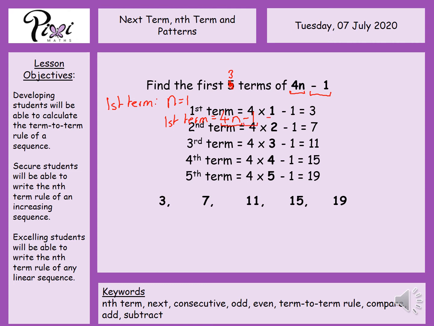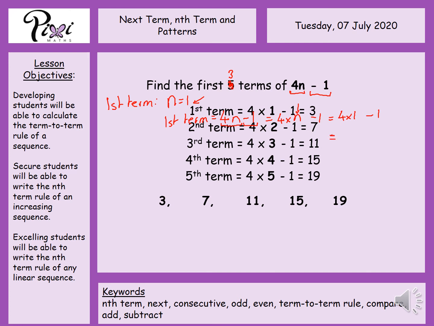So let's start by working out 4n. That's 4 times n minus 1, and we know that n is 1, so we're going to do the substitution: 4 times 1 and then minus 1. We've replaced the n with a 1 because we know that n equals 1.